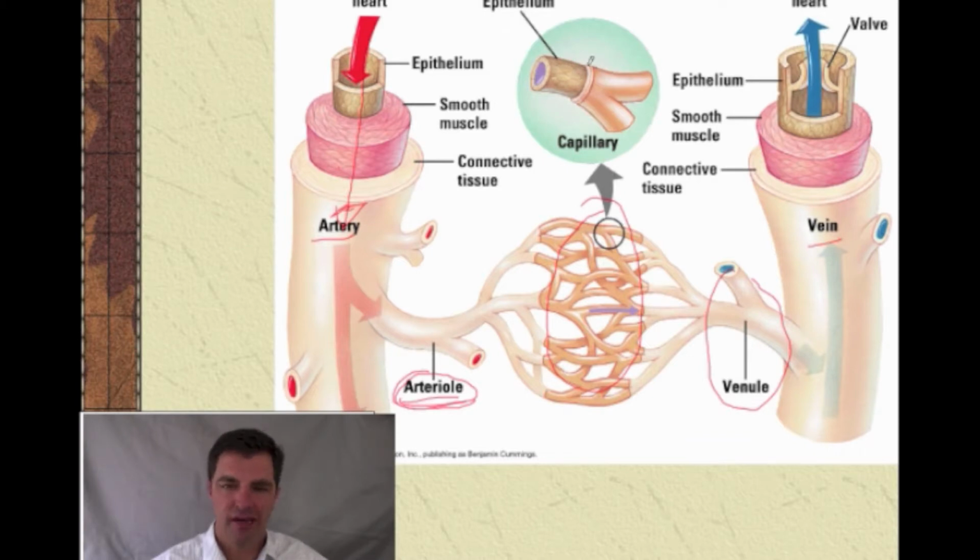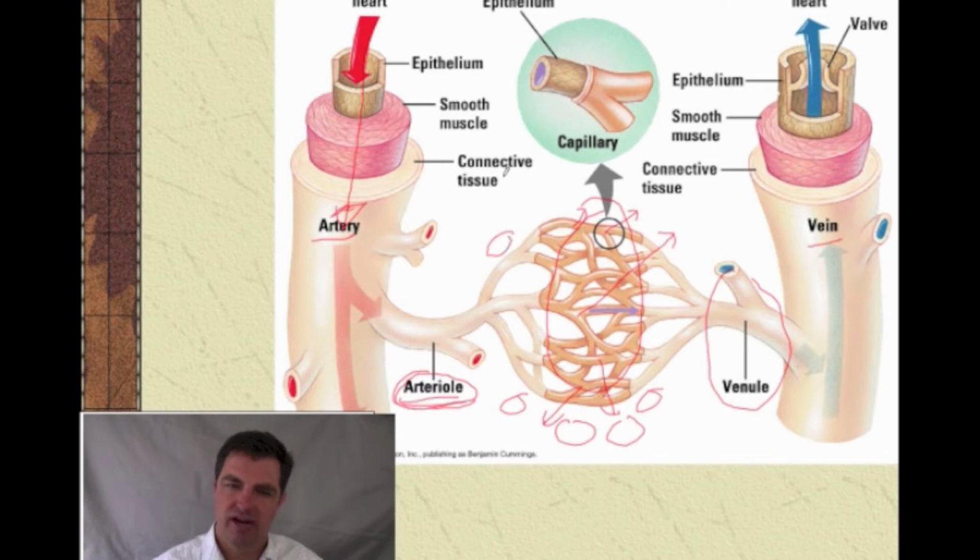These are very thin, and they tend to be very leaky. The blood generally stays in it, but some of the fluid, like some of the water and the oxygen and the CO2 and the glucose, will travel out of these capillaries, and all of the cells of your body will be in this area.